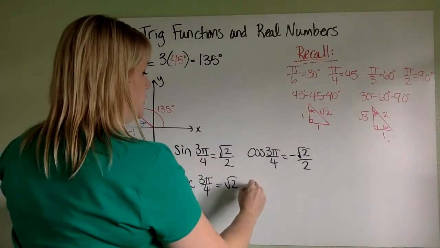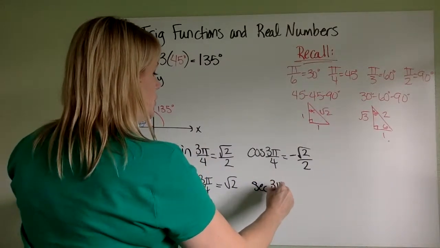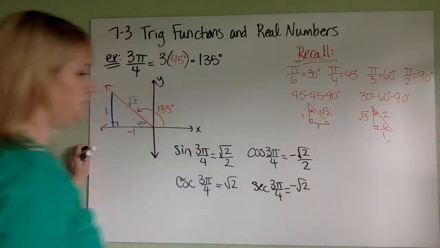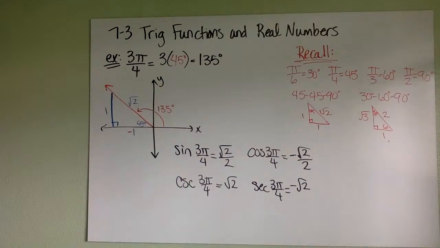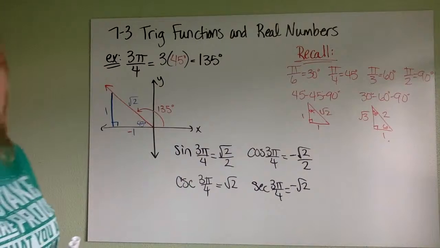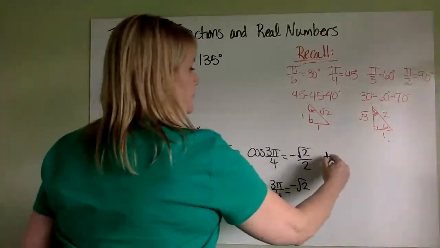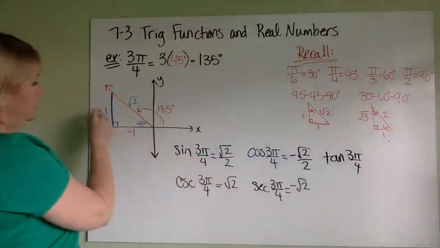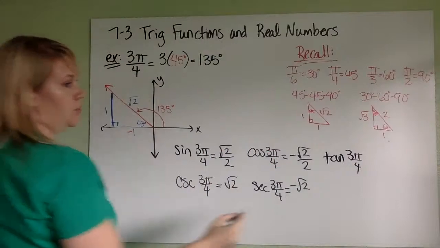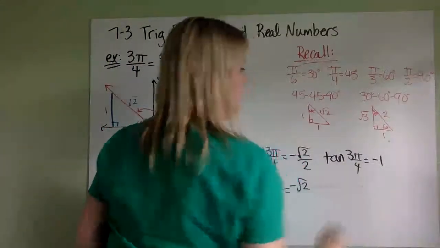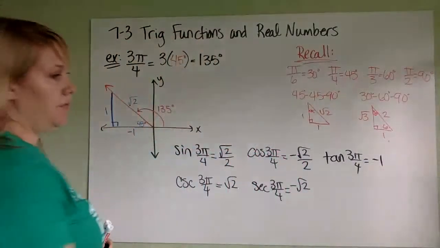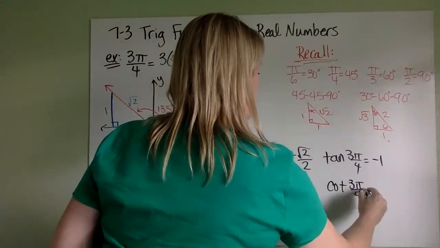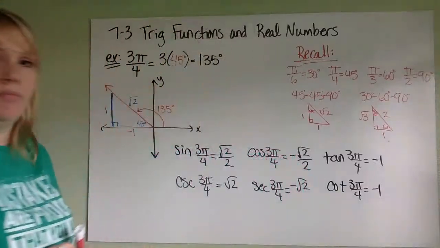And then the secant, which is the reciprocal, would be just a negative square root of 2. The tangent is opposite over adjacent, so 1 over negative 1. And the cotangent, also negative 1.